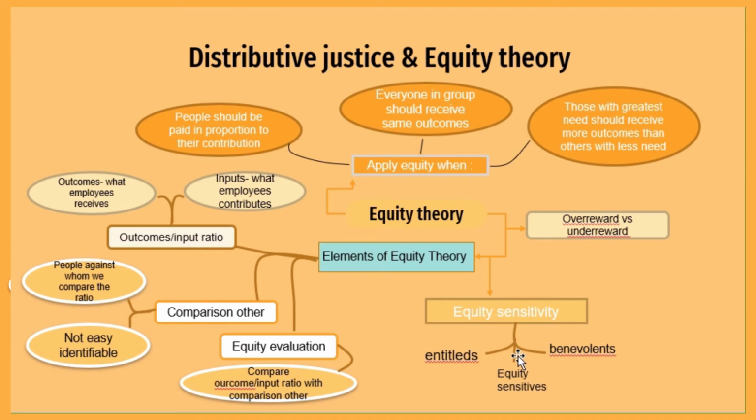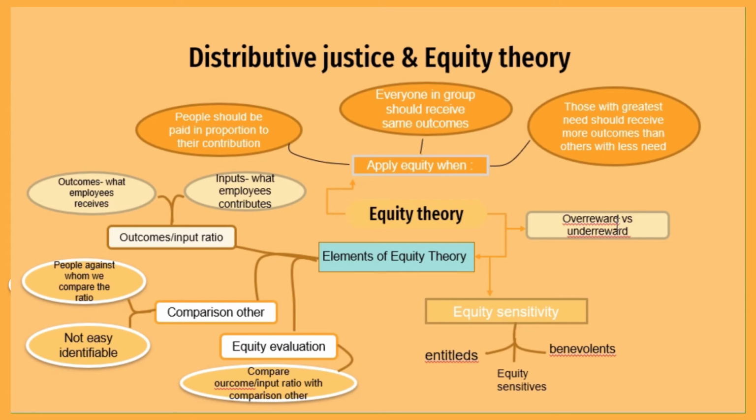Equity sensitive is the need to be equal in comparison with others, so they want to be the same as other people regardless of the situation. And entitled is a tendency to believe that they deserve more of the best, let's say a higher salary or a big promotion, whether or not they have worked as hard or performed as effectively as others.